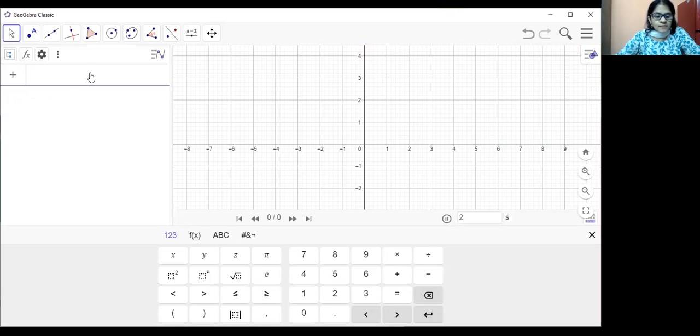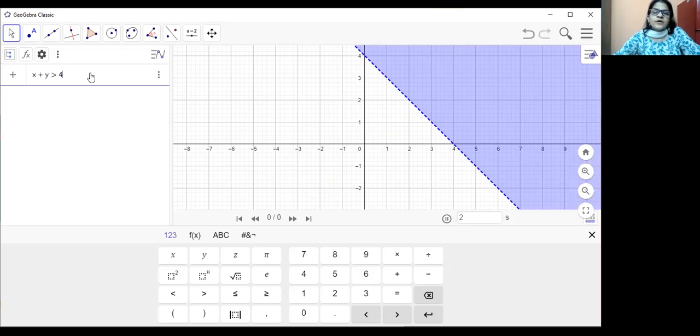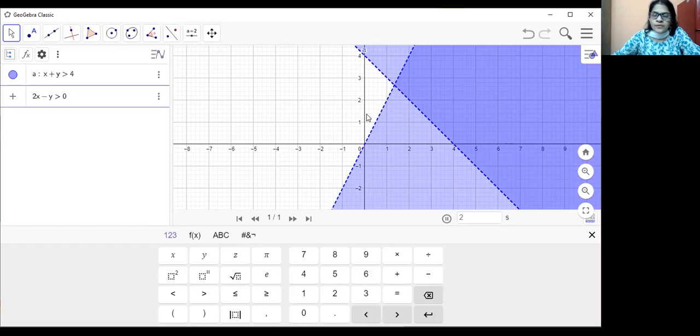One more. Let me take x plus y greater than 4. Here you see the dotted line, because we are not taking the equality sign. Now let me take another one: 2x minus y greater than 0. So what is the solution portion? This one, right?